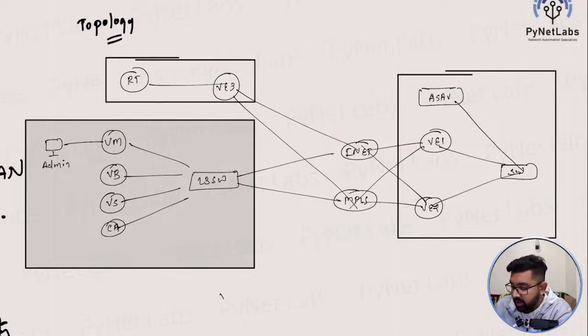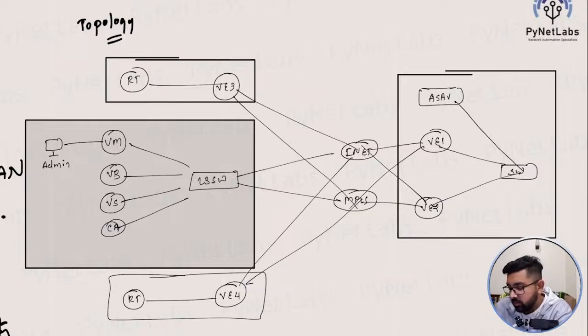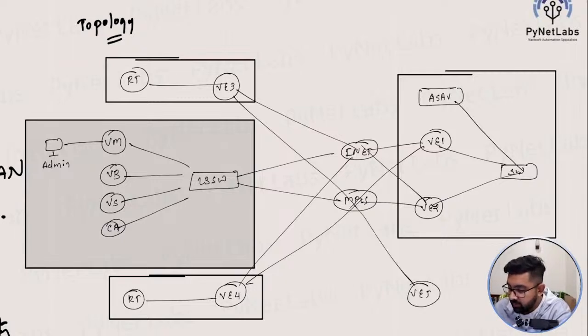Post that, we will have WAN edge number 4, which again connects to both of these transports, and a router behind that representing the LAN network. Then we have WAN edge number 5, which connects to MPLS only, and a router behind that. So this is going to be our initial topology which we will be building up.